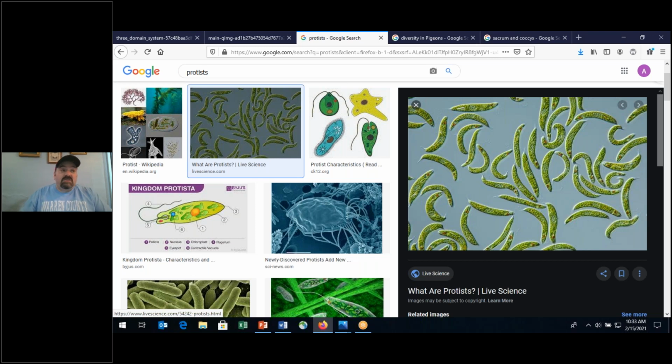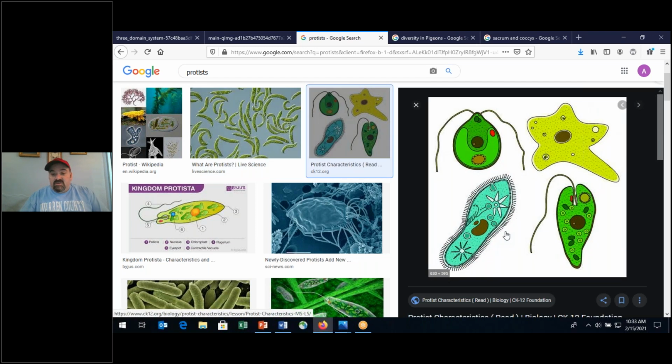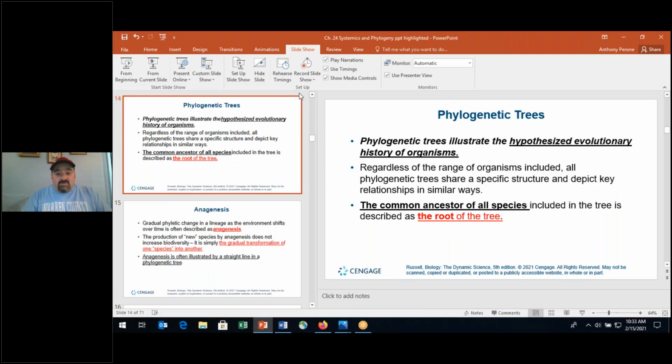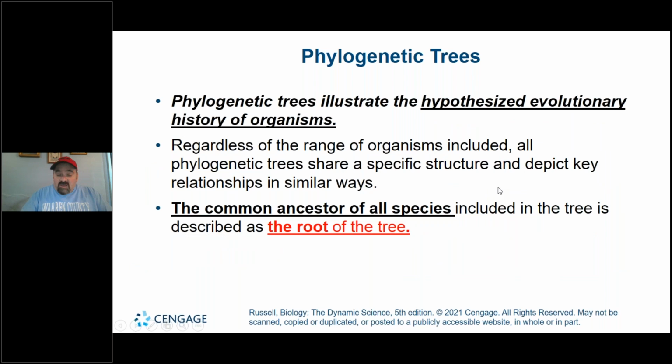And this is what they're talking about as far as the origin of life, looking at these single-celled organisms, the protists. So they would believe that life began as protists, and then through evolutionary change over millions of years, life was created. So that's the evolutionary theory, and that's what we're looking at for the phylogenetic trees, looking at the common ancestor of all the species, the root of the tree, protists.